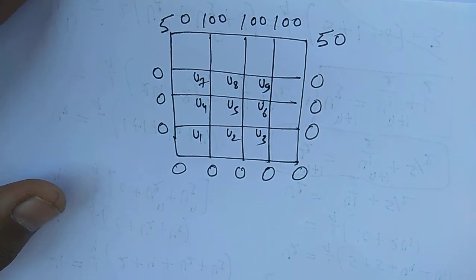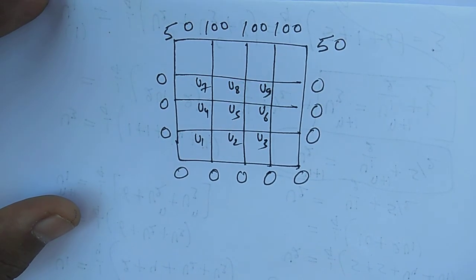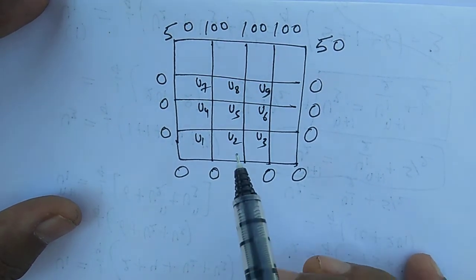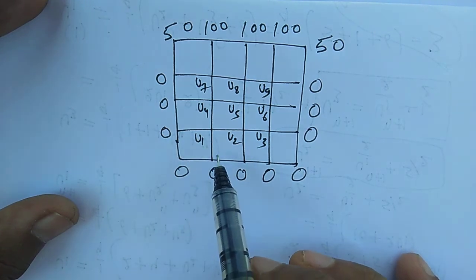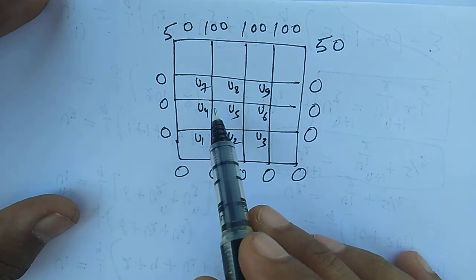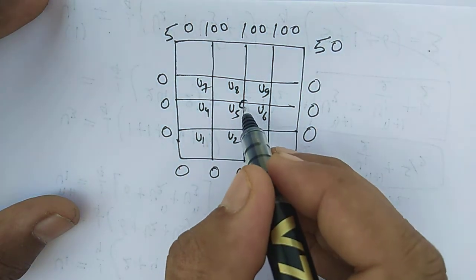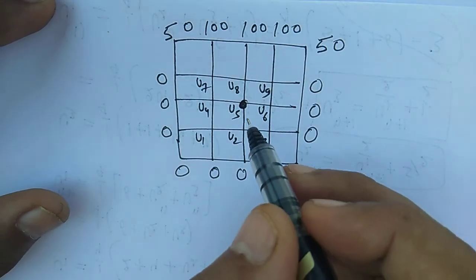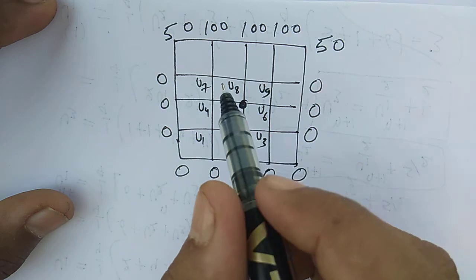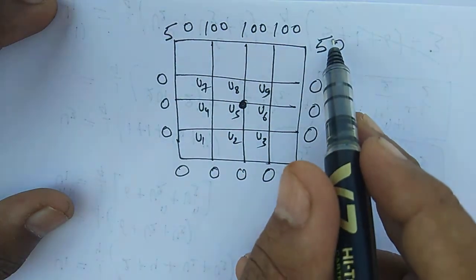So we'll use the Liebmann formula. Here we have 9 nodes. If you start any iteration, suppose I want to start u1, I need 0 plus u2 plus u4, but u2 and u4 are unknown. So first let us find u5. For u5, using the diagonal 5-point formula, 1 by 4 of 50 plus 0 plus 0 plus 50.